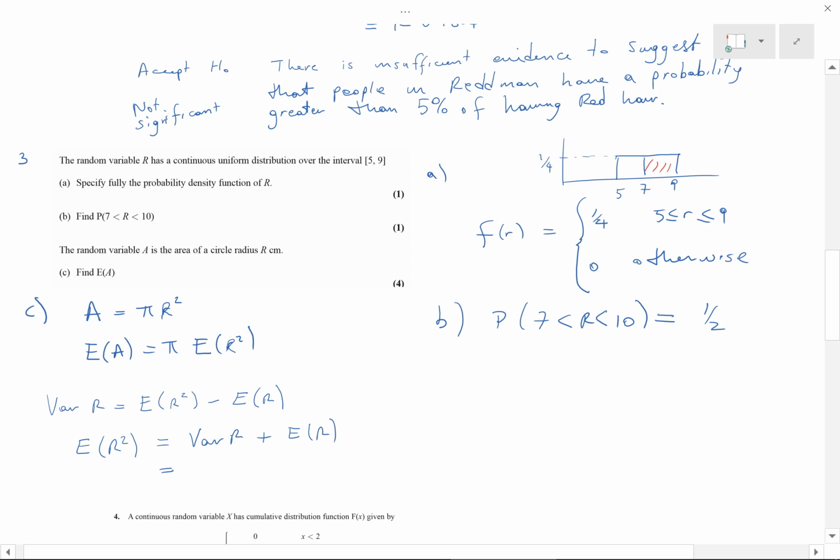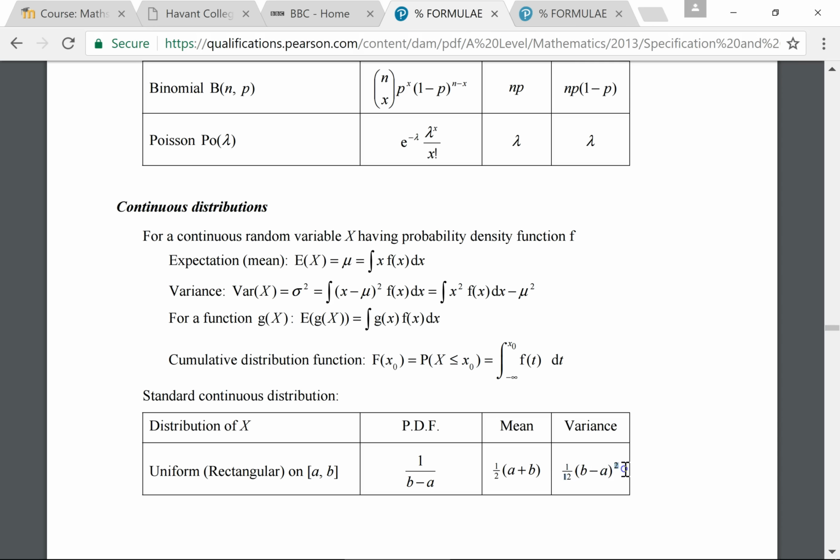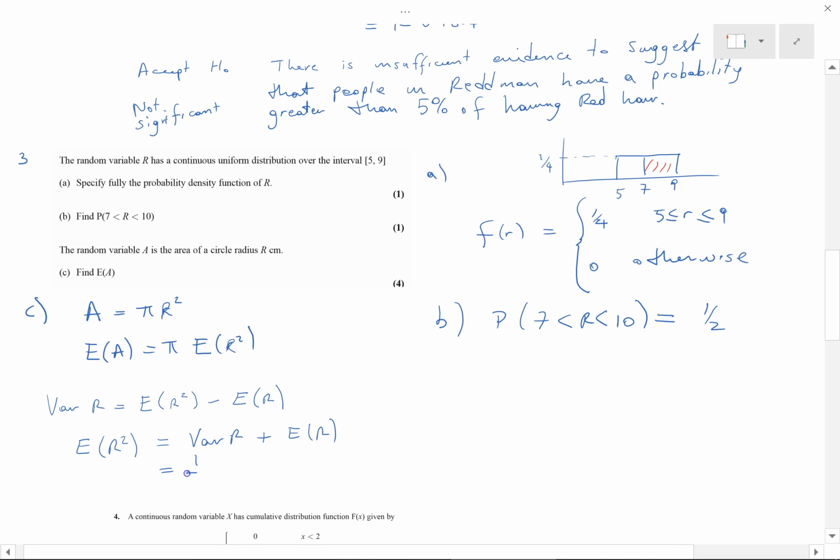Now there is a formula for the variance of R, which is actually given in the formula book. I'll just go and show it you now. Okay, so here it is, 1/12 (b minus a), I meant 1/12 (b minus a) squared. But anyway, our numbers are 9 and 5, so that's 1/12 of 4 squared plus E(R) squared, which is clearly 7 squared.